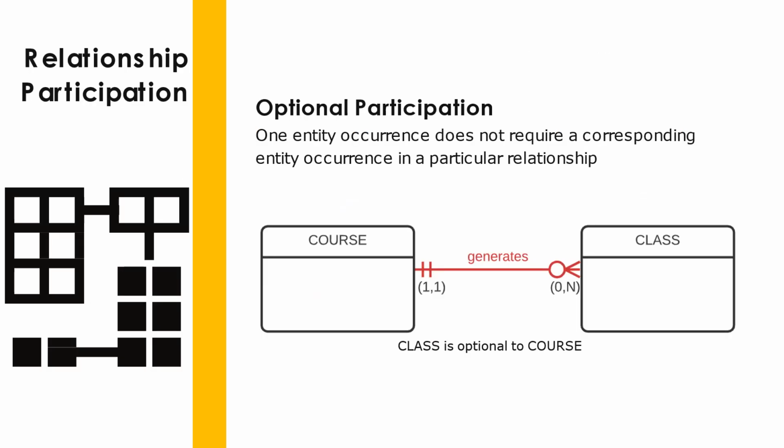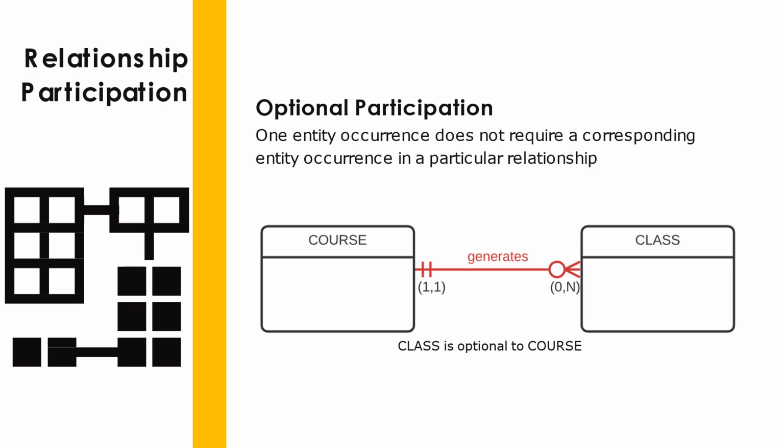Now let us talk about optional participation. Optional participation is such where one entity occurrence does not require a corresponding entity occurrence in a particular relationship. Let's take a look at this example. We know that class is optional to courses, meaning if you have a course, like let's say IT 131-8, you can generate classes per term, like the section that you might have right now. But there are some semesters or terms where IT 131-8 is not offered.